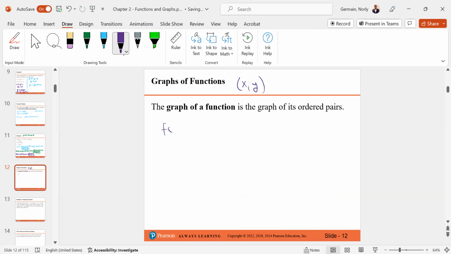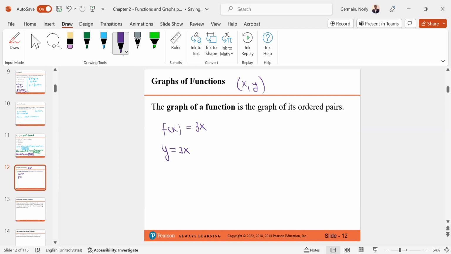If I have f of x equals 3x, in the rectangular coordinate system it's like y equals 3x. Every time you give values to x, you find what y is.